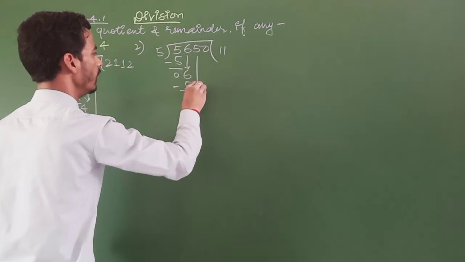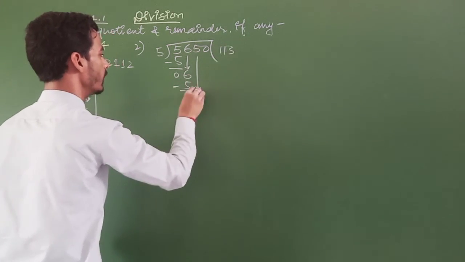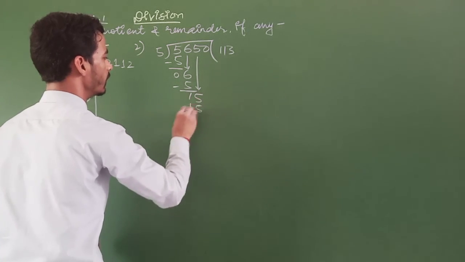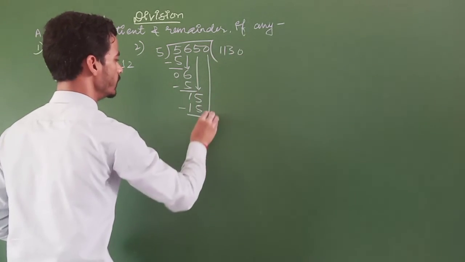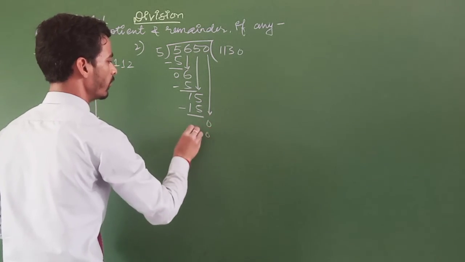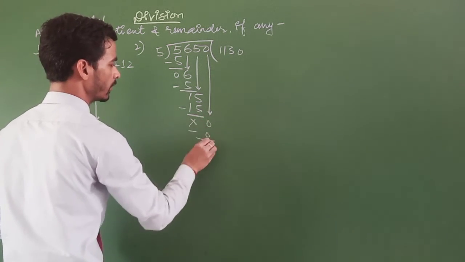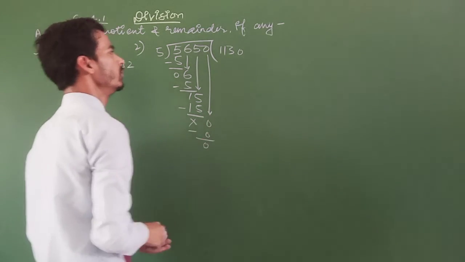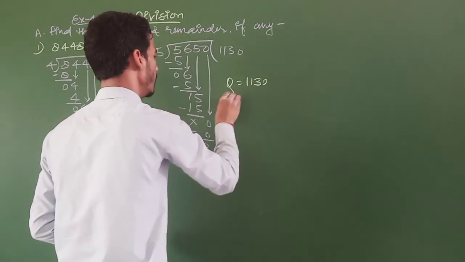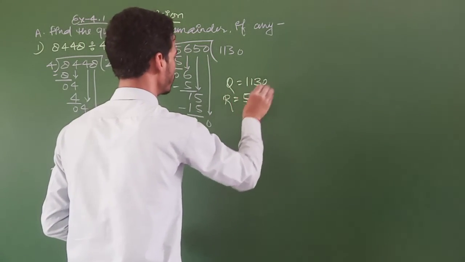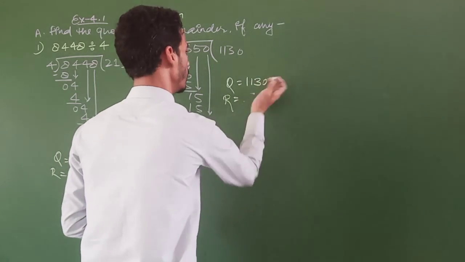Bring down 5. 5 threes are 15. Bring down 0. 5 zeros are 0. So the quotient is 1130 and the remainder is 0.